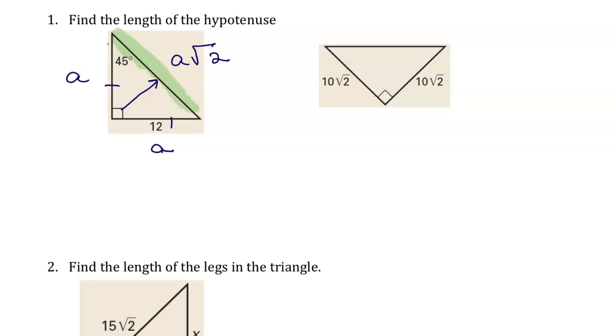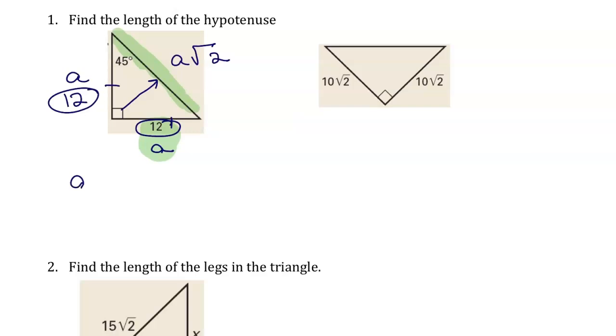So they want A root 2. Can you see any values that they've given you? Well, yes, I can. I can see that this is side length 12, and that's where my A's are. So if that's 12, then I know that this is 12 because they're both 12 since it's an isosceles triangle.